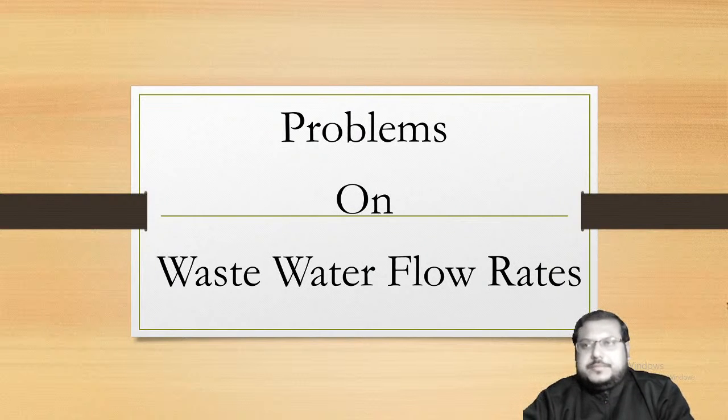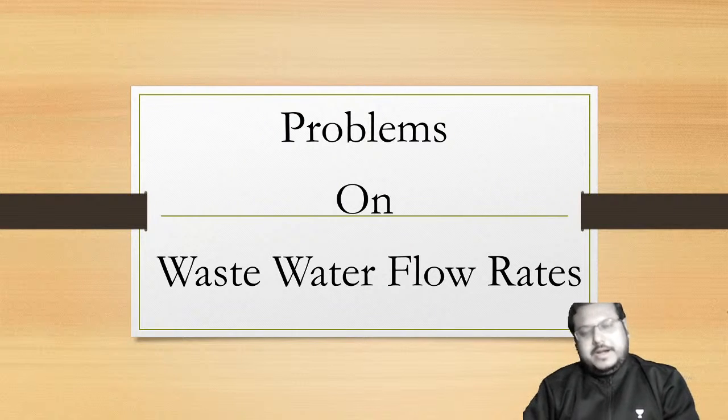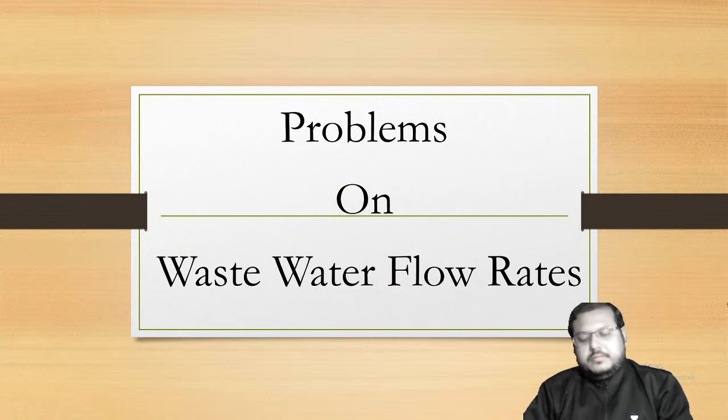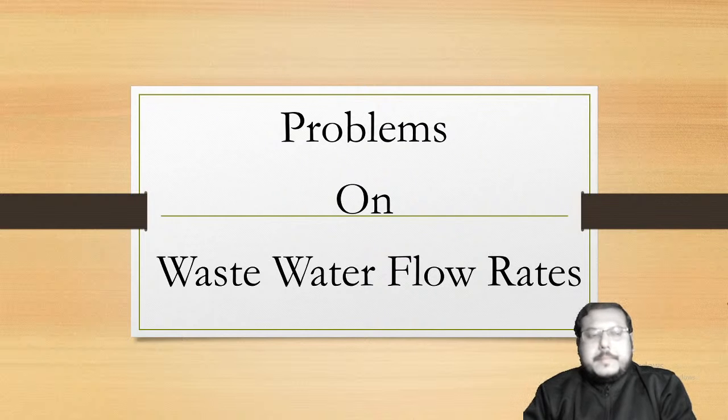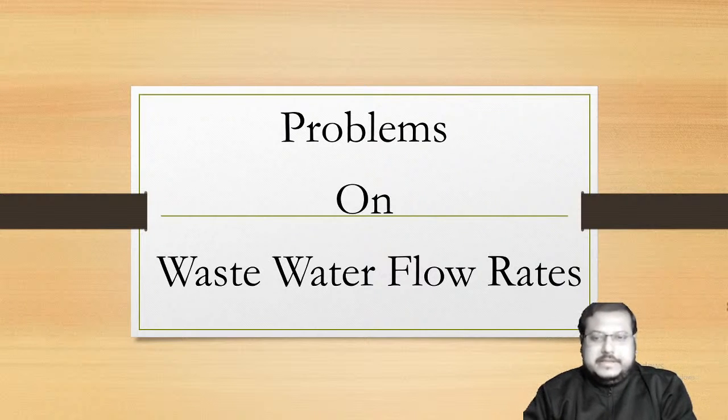Because beyond activated sludge process, for trickling filter, oxidation pond, septic tank, sludge digestion, and disposal of sewage effluent, these 5 chapters' problems are already done when we dealt with the chapters themselves. Then only 2 things will be left, that is the 4 or 5 questions of disinfection and certain questions of the distribution system, which we will be discussing to end this environmental engineering part.